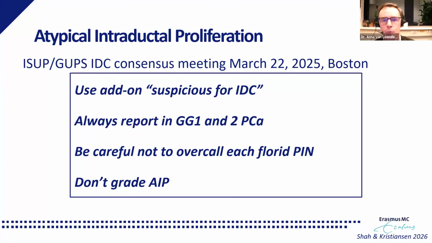In the higher grade groups, it probably will not affect clinical management. And we should be careful not to overcall each high-grade PIN lesion that looks a little bit more florid as AIP, but really use AIP for lesions that you think will be IDC, but do not fulfill the criteria. And finally, don't grade AIP when it is next to invasive cancer.